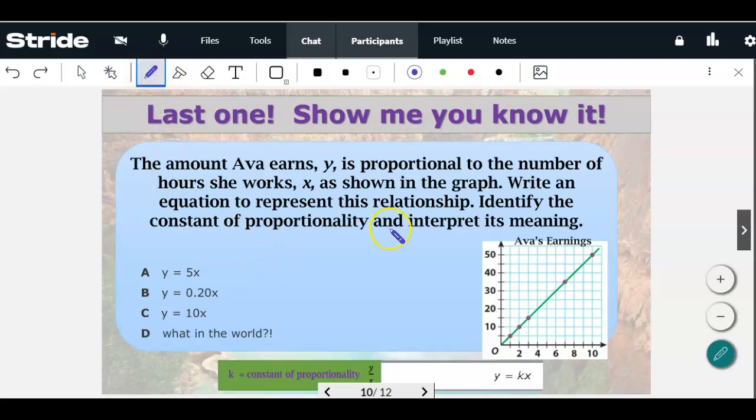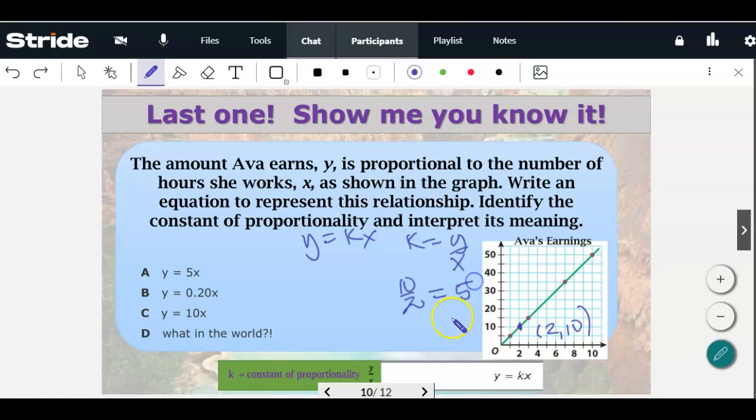Okay, so lots of things there, but remember, you can just start, if I just use this point, and that point is 2, 10. My equation is y equals kx. Remember, to find k, it's just y over x. And so my y is 10, my x is 2.